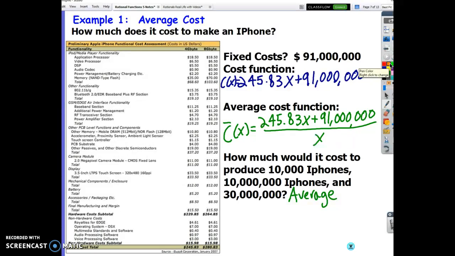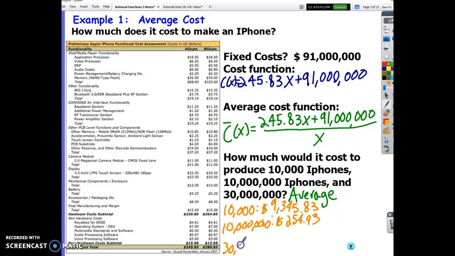Okay, so if I plug in 10,000, it costs them on average $9,345.83 per iPhone. Now if they made 10 million, it cost them $254.93.